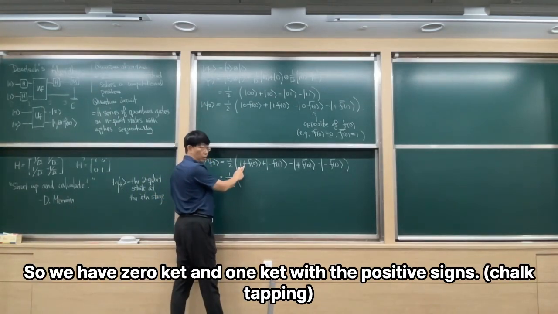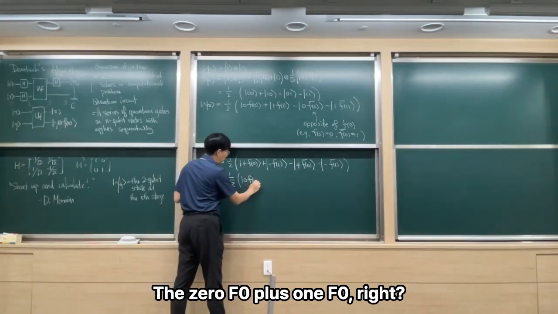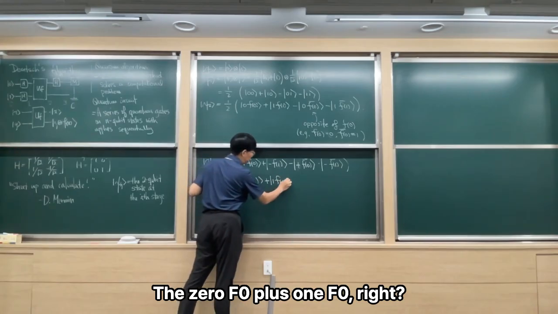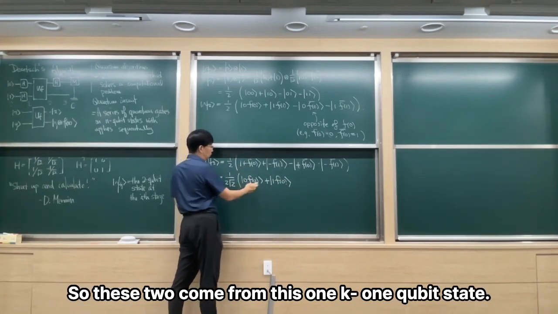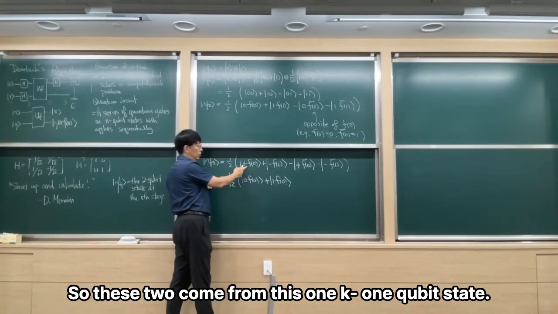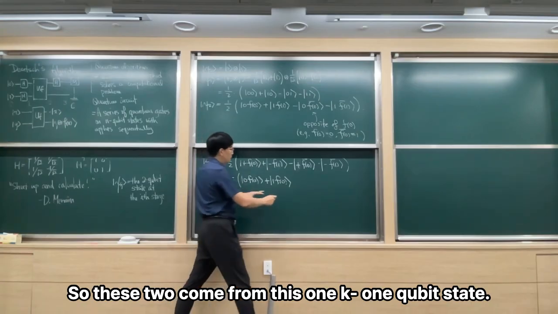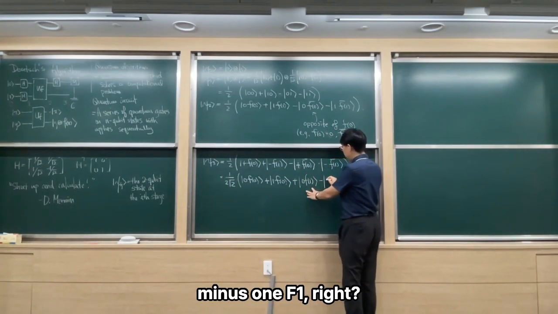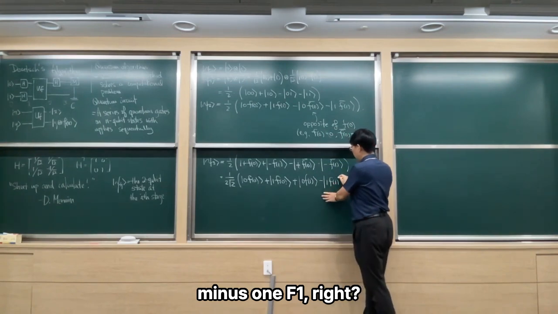So we have ket 0 and ket 1 with the positive signs. So 0, F0 plus 1, F0, right? These two come from this one qubit state. And this one, we have 0, F1 minus 1, F1, right?